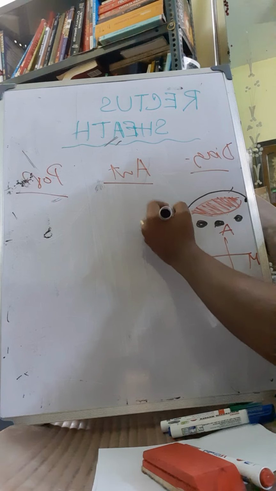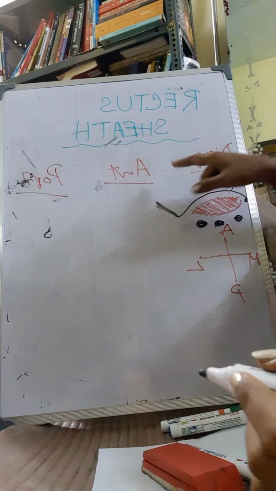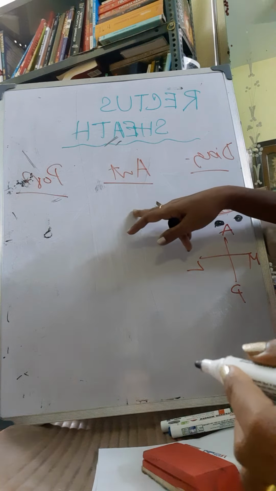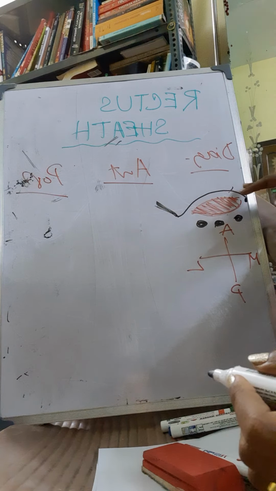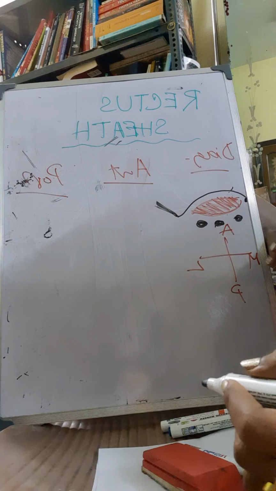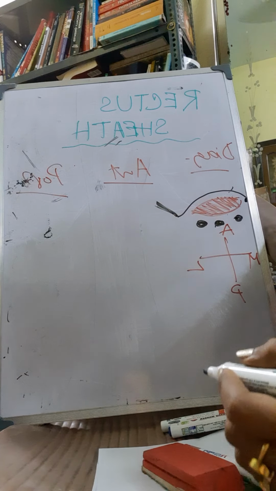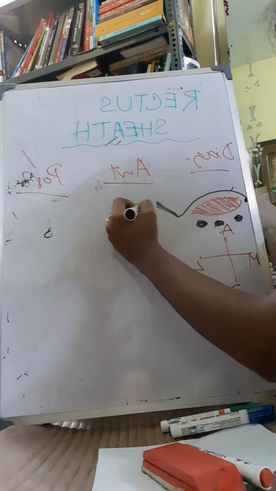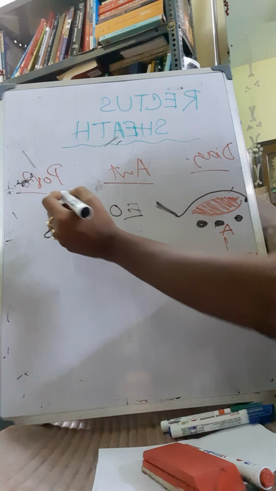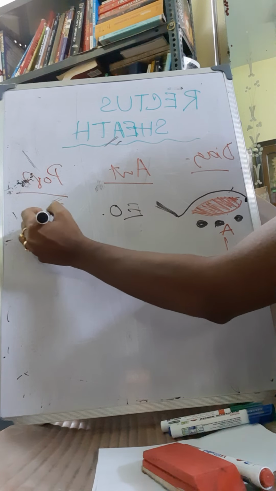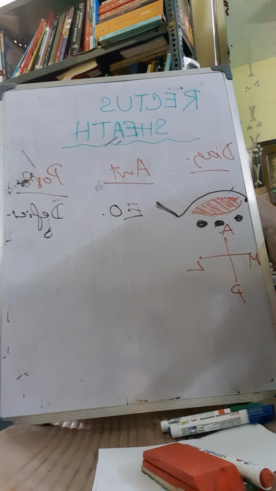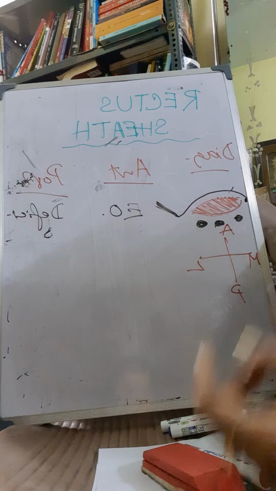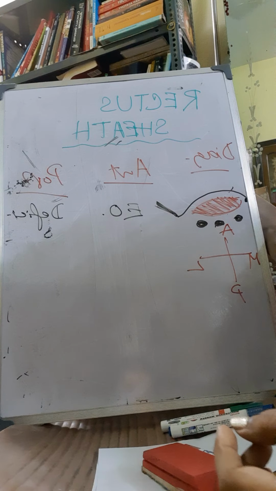So, the anterior wall at this level is formed by the external oblique aponeurosis only, and this is a very thin one, and the posterior wall is deficient. Clear?